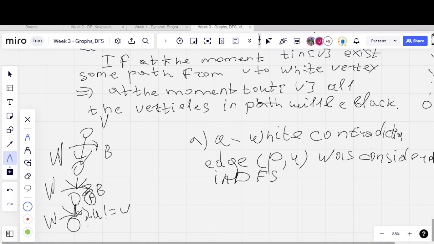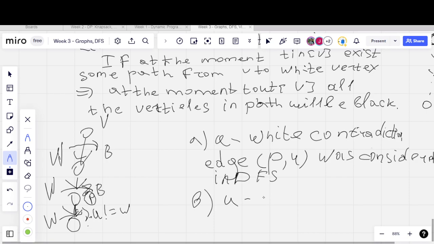That means you consider all the edges that are located from P. Do you understand? Okay.